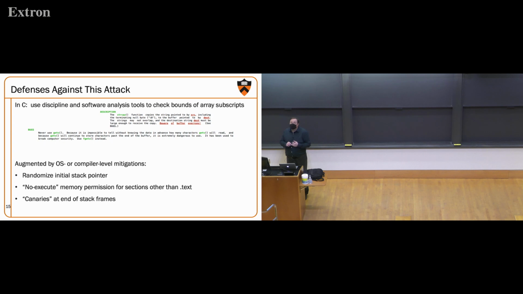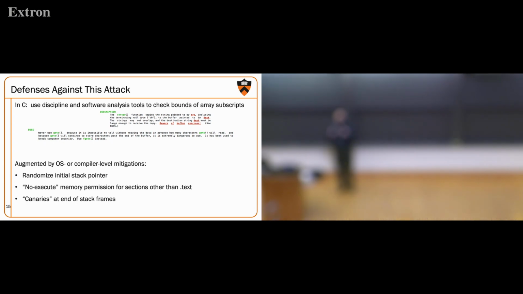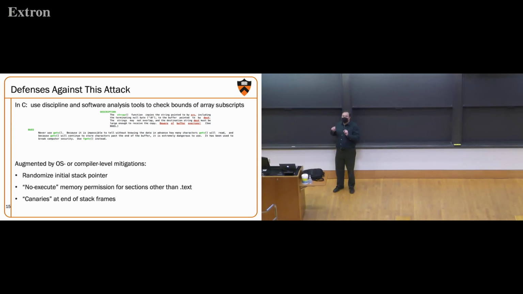It's things like no execute permissions. Remember when we were talking about page tables, we said that you can actually mark certain page tables as executable or non-executable. So the operating system will mark your stack as non-executable by default.